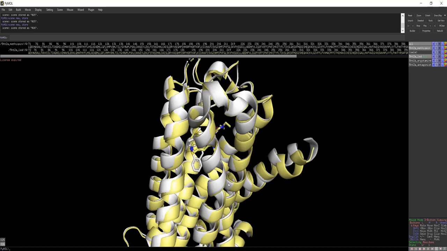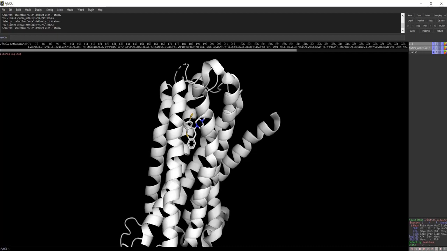And so while I didn't really discuss it or go into it, in multiple cases I have docked the compound to all the various 5-HT2A structures we have to make sure that the results are consistent across the board. I also, for example, have not covered anything regarding 5-HT2A homo or hetero dimerization.